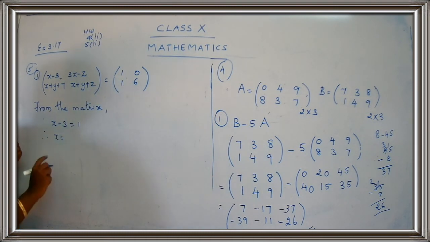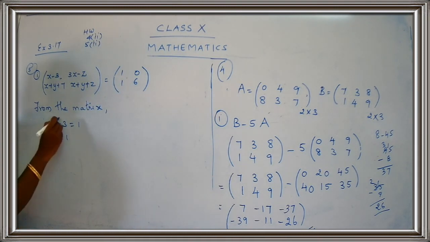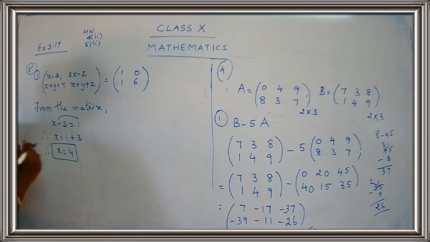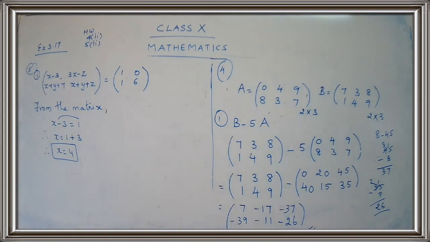Take this 3 to that side, so minus 3 turns to be plus 3. Therefore x is equal to 4. I got the first value, the value for x. What is the value for x, children? It is 4.